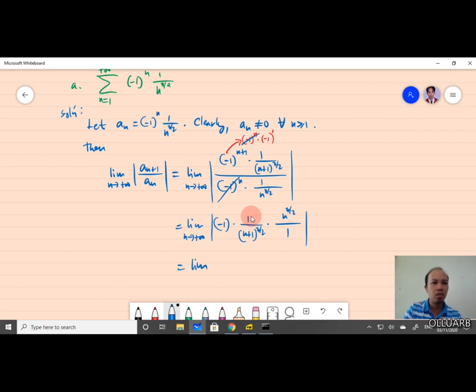As you can see, this is an absolute value, so the absolute value of negative 1 is positive 1.